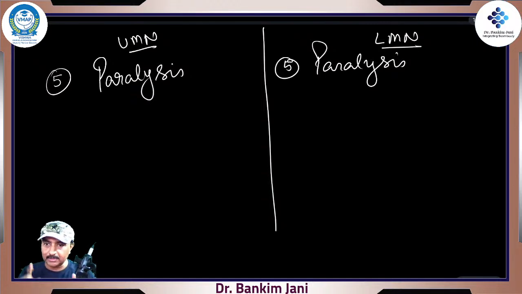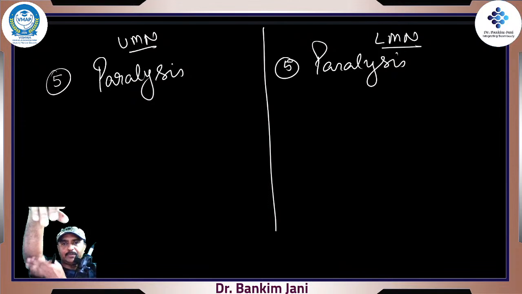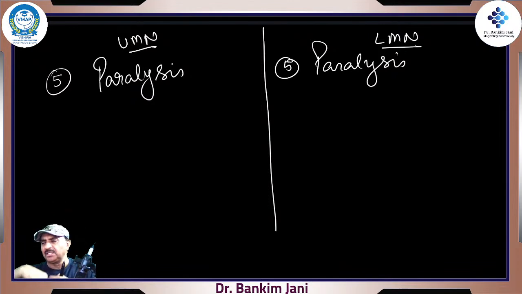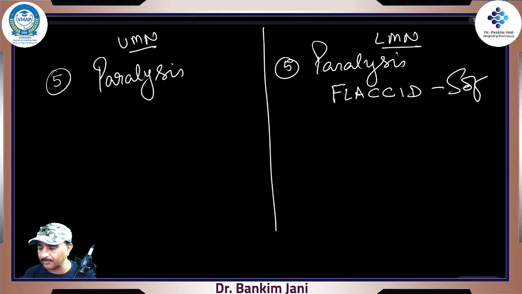But see, if you have seen some patients when they are paralyzed, one thing is the hand is just hanging, and you lift it and then it falls. There is no tension, no resistance. It is just loose. It is what is called flaccid paralysis. Flaccid means soft. This is the case of lower motor neuron.